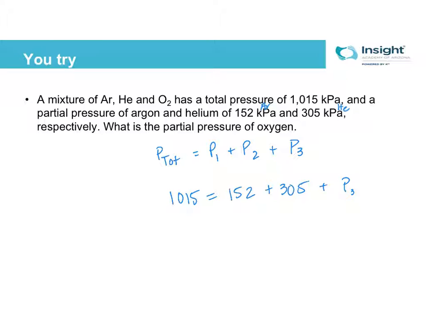So my P3 is equal to 1015 minus 152 minus 305, which gives you my partial pressure of oxygen: 558 kPa.